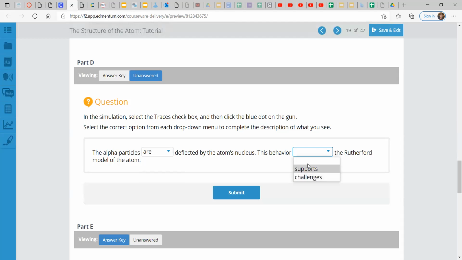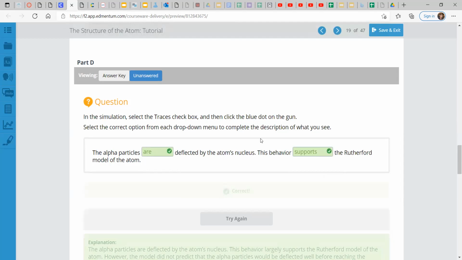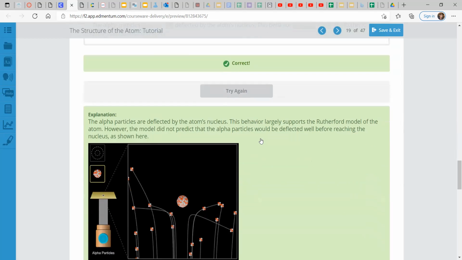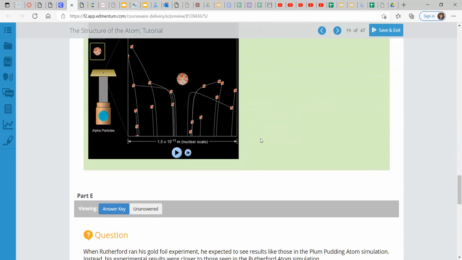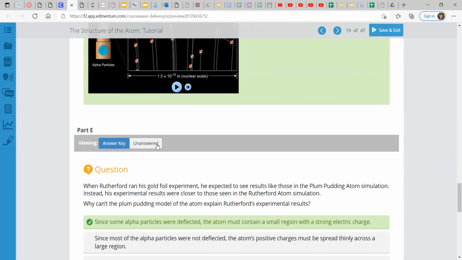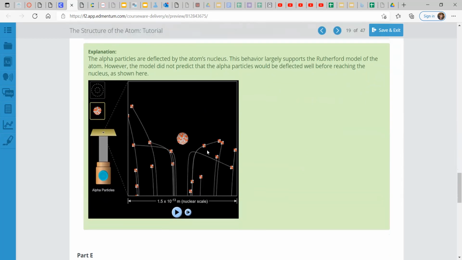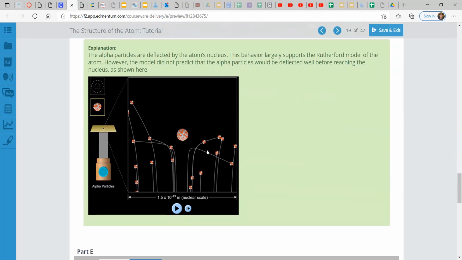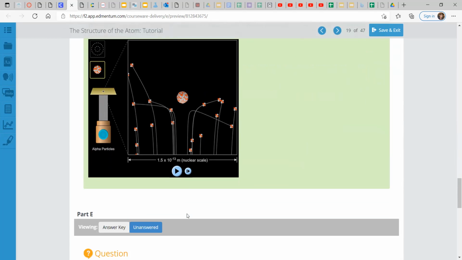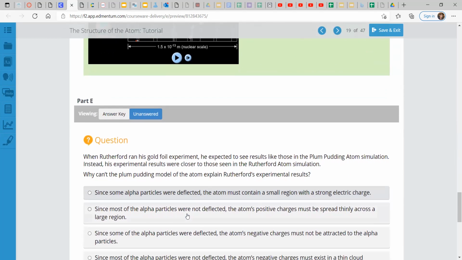This behavior supports Rutherford's model. There's a good picture of it. The model did not predict that the alpha particles would be deflected well before reaching the nucleus. So there's that as well.